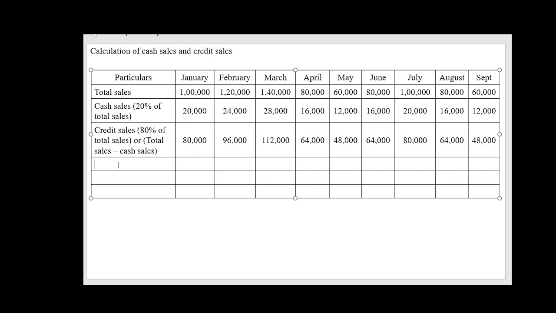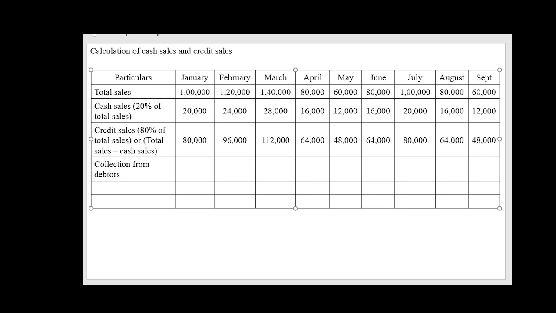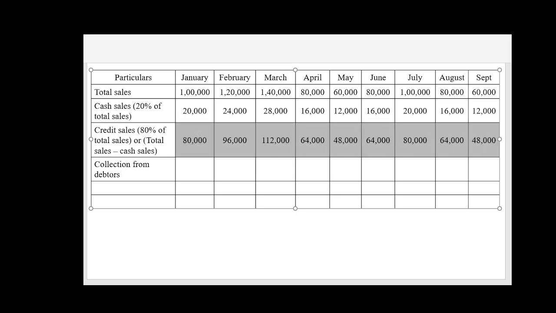So whatever money we are receiving, we have to look into collection from debtors. Collection from debtors is nothing but collecting the money that is due on the credit sales. So now the figures that we are going to look into are these figures. Let me just highlight it. So these are the credit sales. So we need to find out how we are going to collect this money.